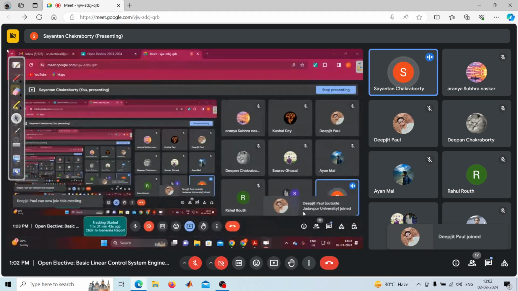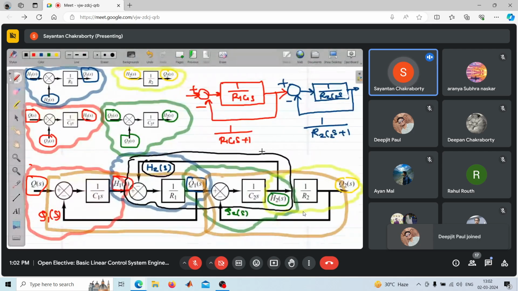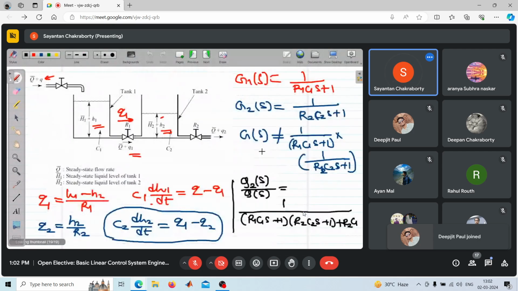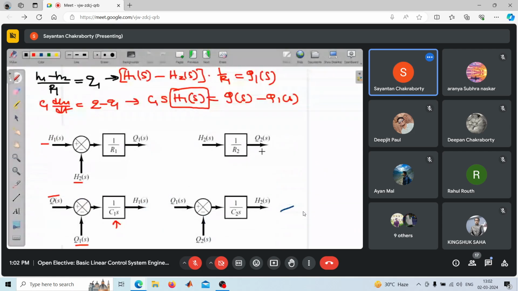So that is why we're actually seeing that the transfer function will not be R1 C1s into R2 C2s, but R2 C1 will be there as a part of interconnection.